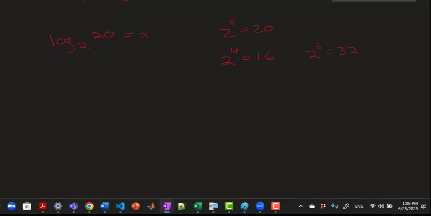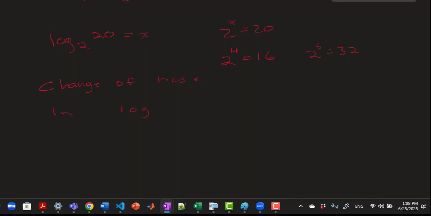So I expect that it's somewhere between 4 and 5. Now, depending on your calculator, this can be very easy to do, but you also should know the change of base formula. Your calculator will certainly do natural log and most likely common log, even if it doesn't do other bases.